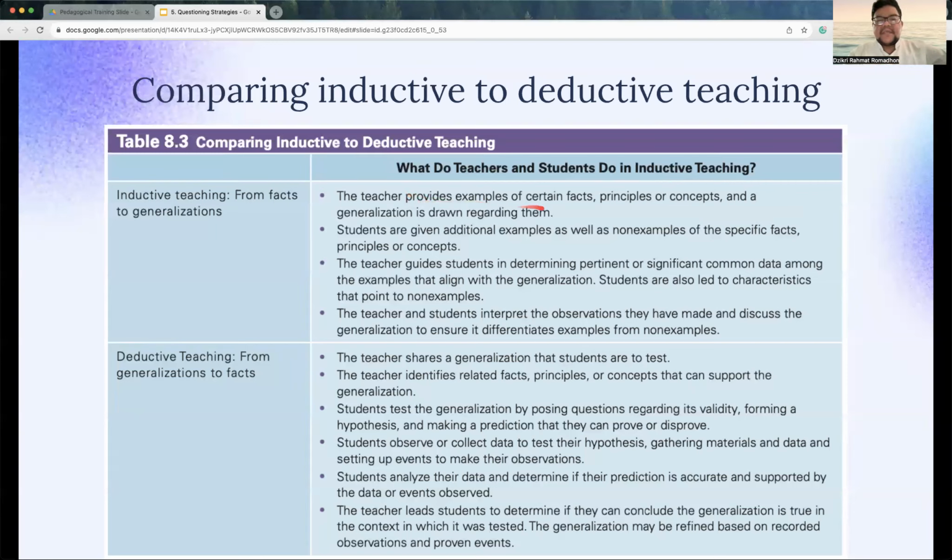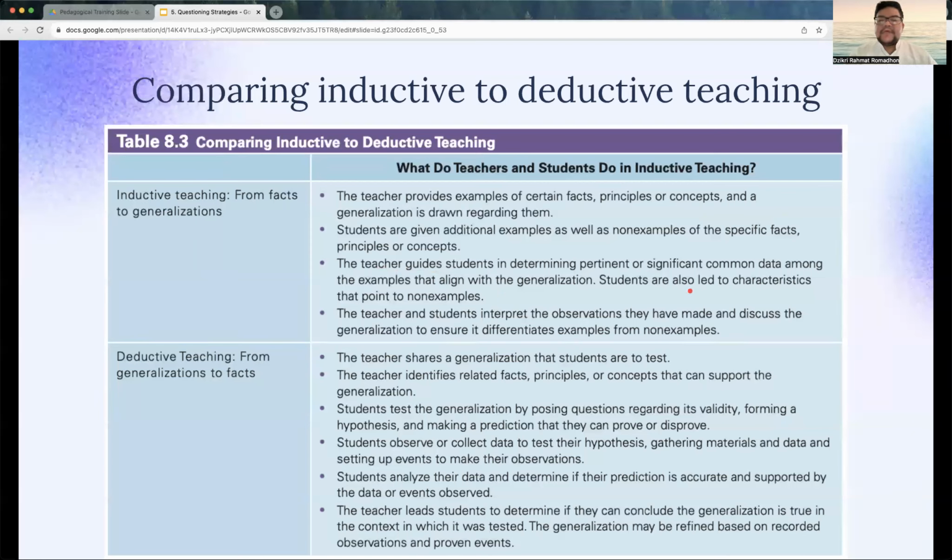The teacher provides examples of certain facts, principles, or concepts, and a generalization is drawn regarding them. So giving the specific facts, and then they generalize the answer. Students are given additional examples as well as non-examples of specific facts, principles, or concepts, and the teacher guides students in determining pertinent or significant common data among these examples that align with the generalization.